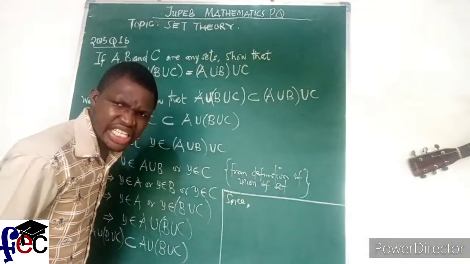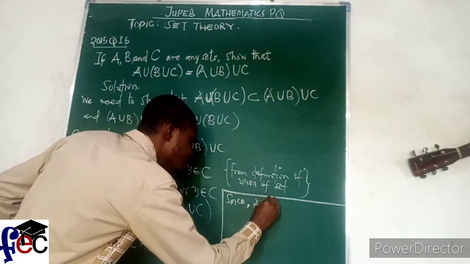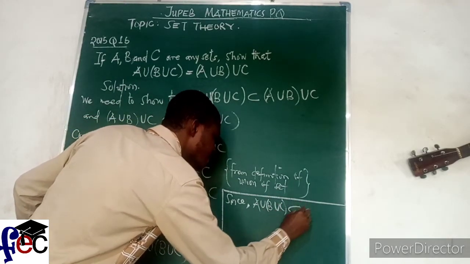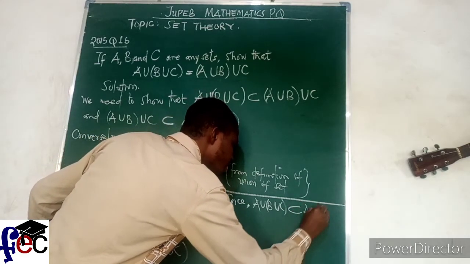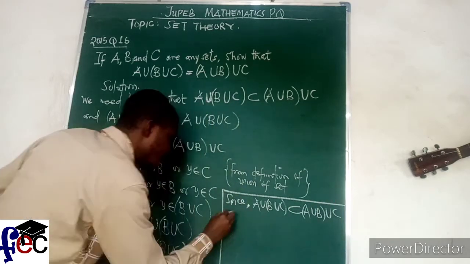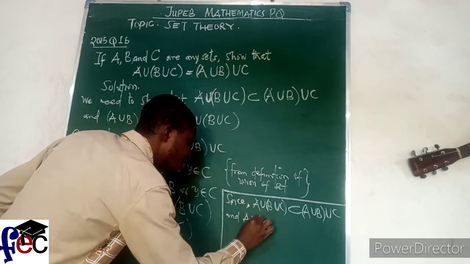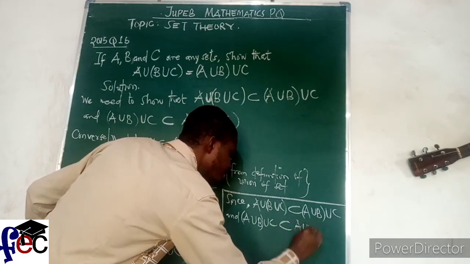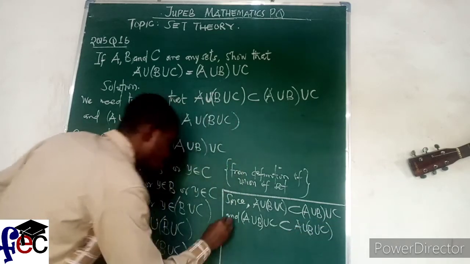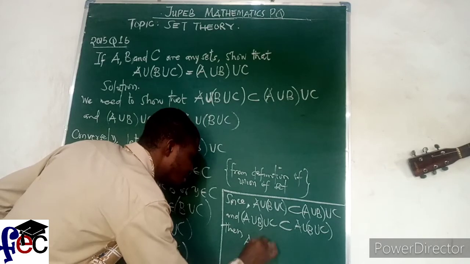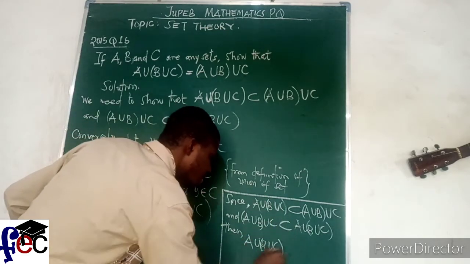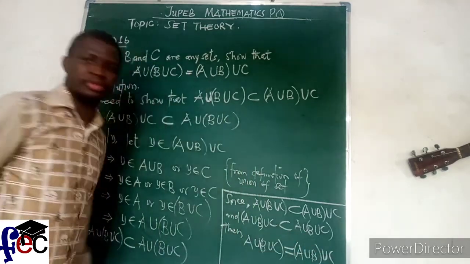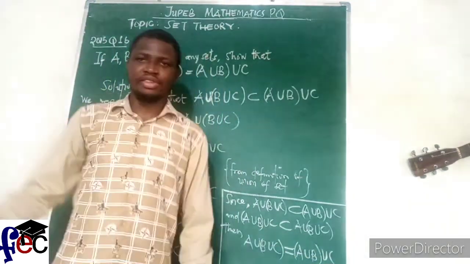Since A union (B union C) is a subset of (A union B) union C, and (A union B) union C is a subset of A union (B union C), then A union (B union C) is equal to (A union B) union C. That's all. Do you get it now?